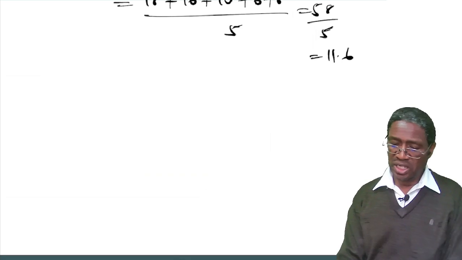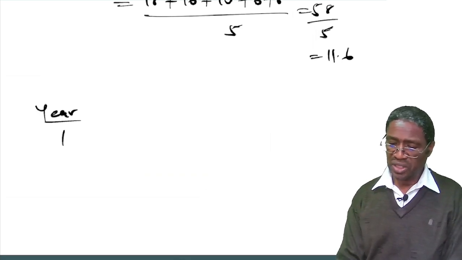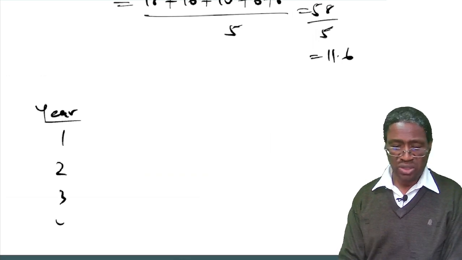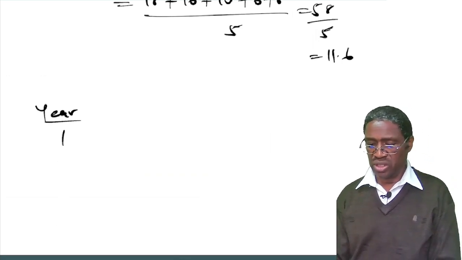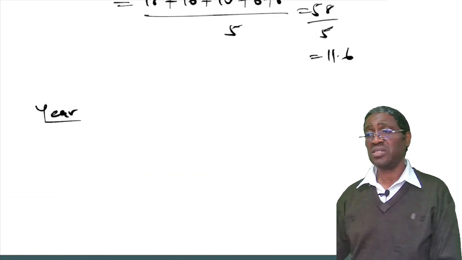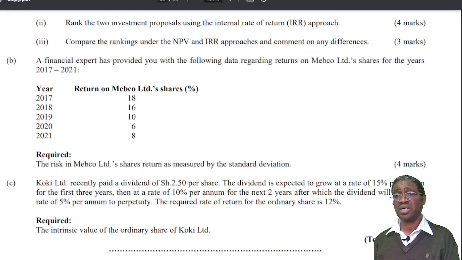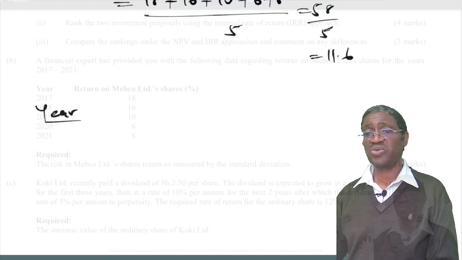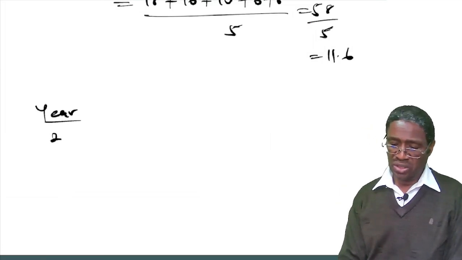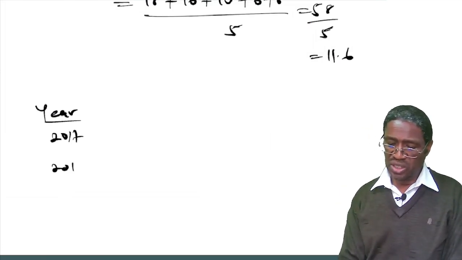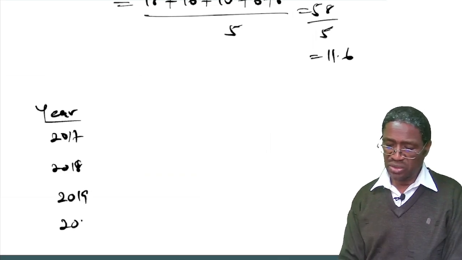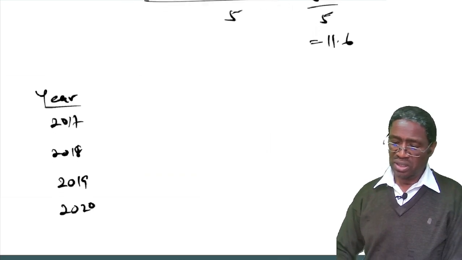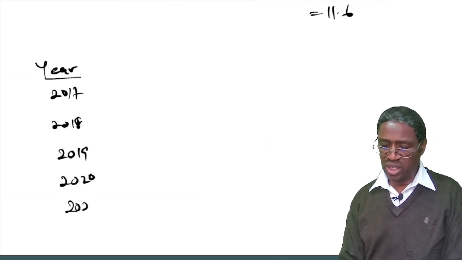We need the column for the year: 2016, 2017, 2018, 2019, 2020, and finally 2021.